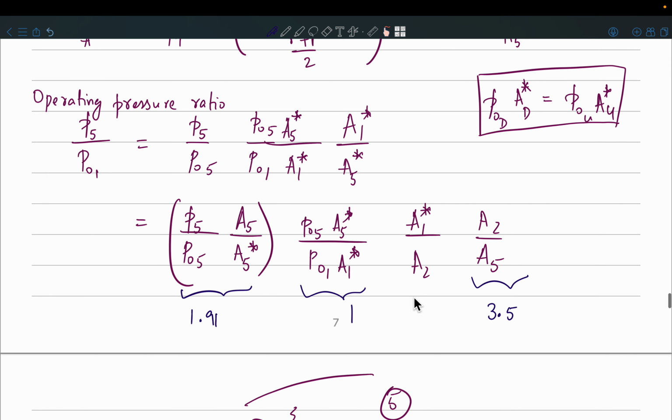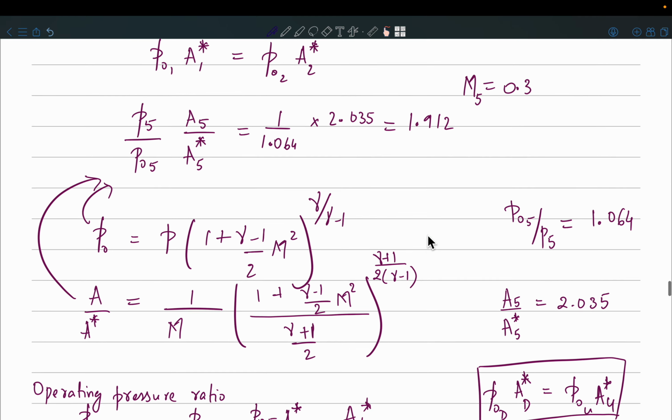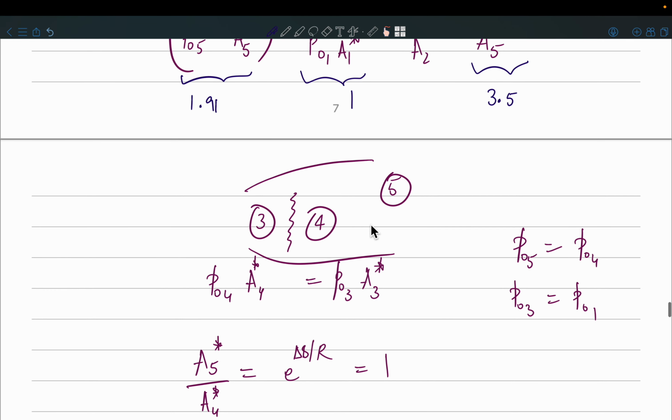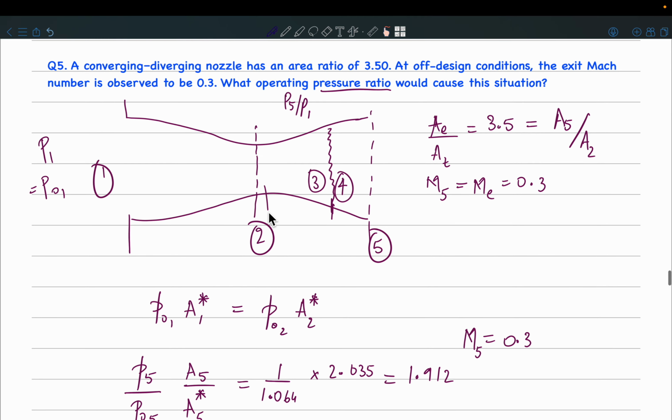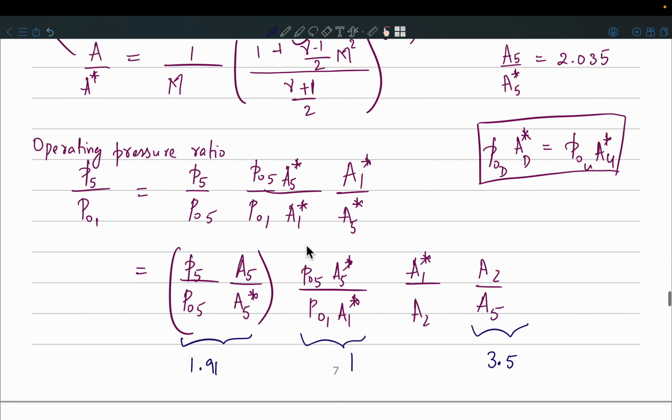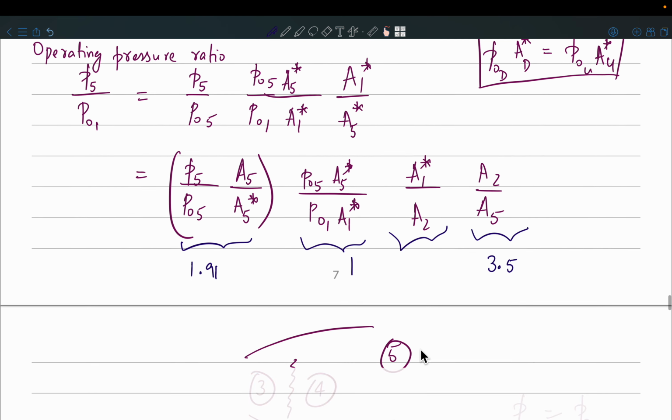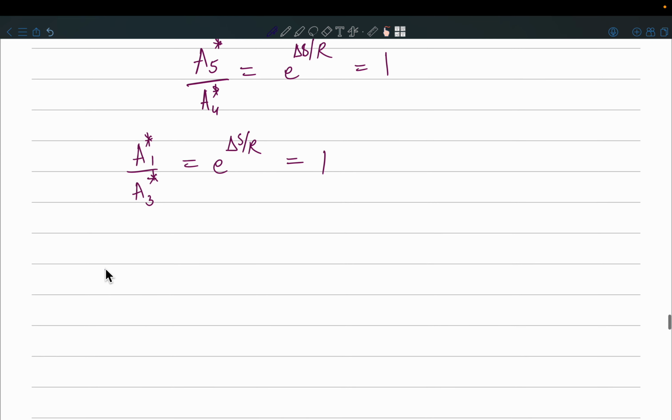And now if you check for A2 by A1 star, it is going to be same as A2 by A2 star, because like we saw right now, if there is isentropic flow, the A star is going to remain same, isn't it? So from 1 to 2 it is the same. So here I can write this A1 star by A2 is nothing but A2 star by A2. And what is that going to be? How do you find that? So let me write clearly over here. What is A1 star by A2?